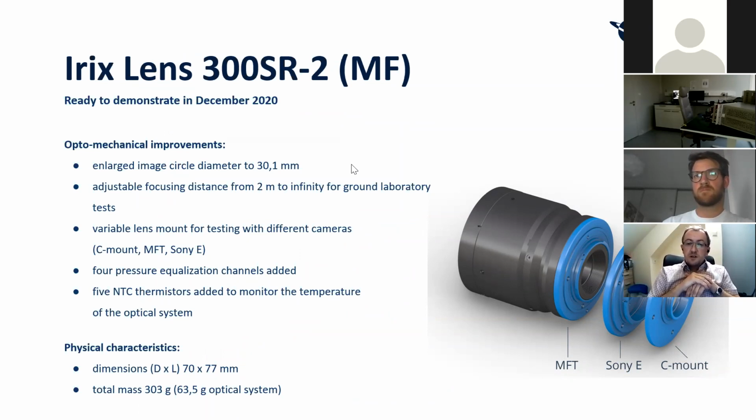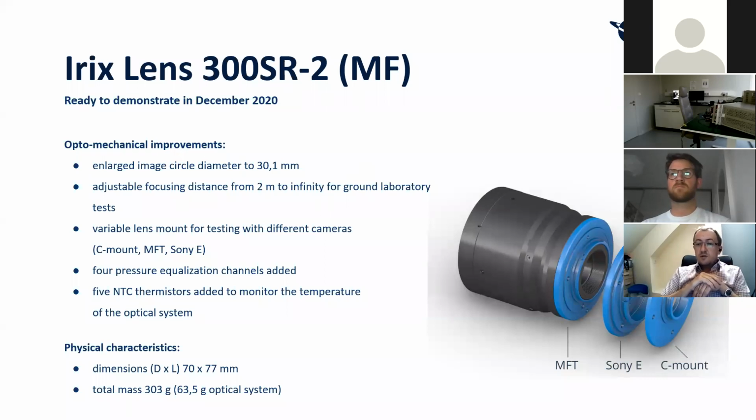These thermistors were absent in the first version of the lens, but we decided to add some space for them because it's very important to monitor the lens temperature across the mission, to monitor how it changes depending on the Earth. So the information from the thermistor will tell us how the temperature of the glass elements changes, if it's steady after some time when the satellite goes out from Earth's shadow, for example.